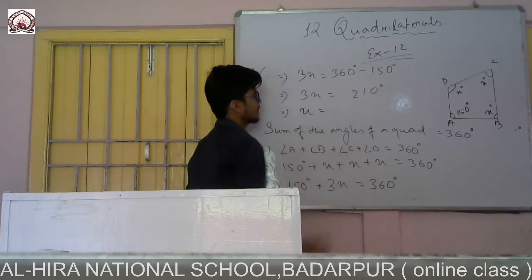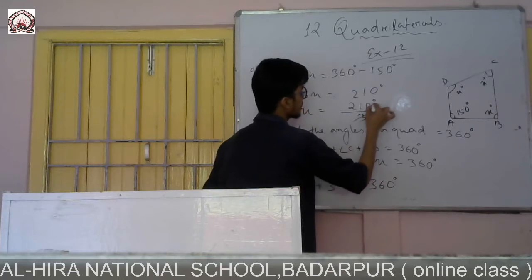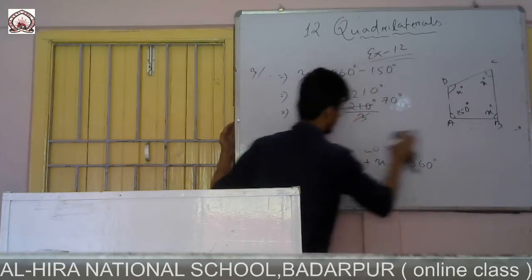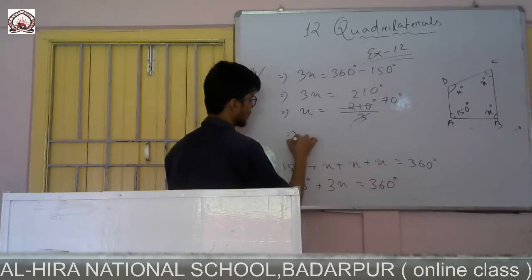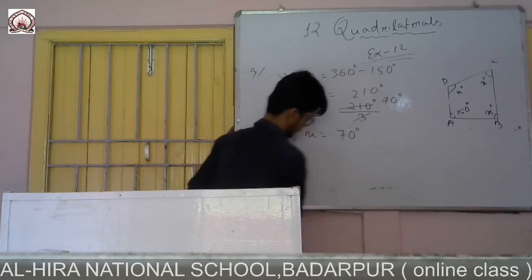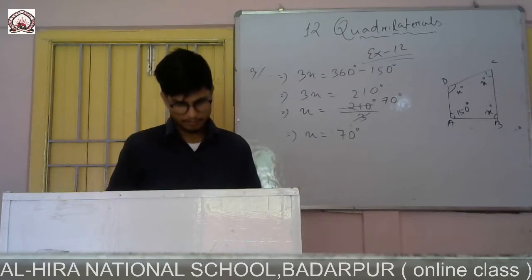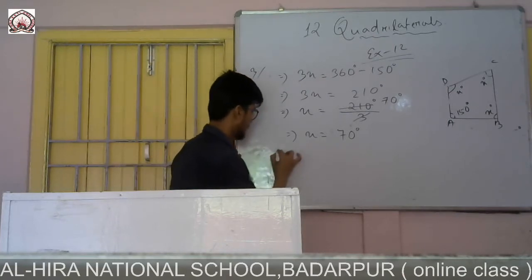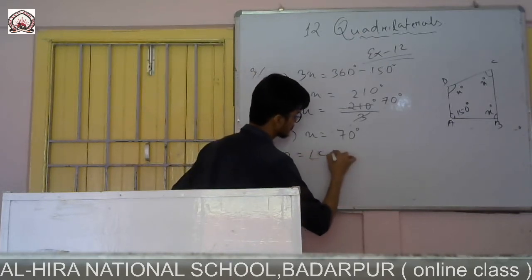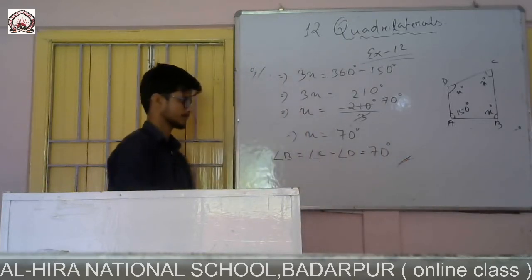If I find the value of x, it will be 210 degrees divided by 3. 3 sevens are 21, so 70 degrees. Therefore x equals 70 degrees. So angle B equals angle C equals angle D equals 70 degrees. This is the answer.